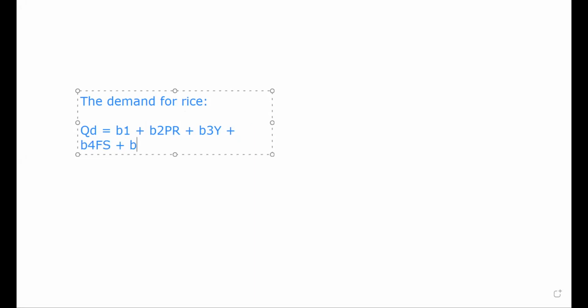The demand for rice is a function of beta 2, the price of rice, plus beta 3, income, plus beta 4, family size, beta 5, the price of other staple food, plus beta 6, expectations, and lastly we have the residual.